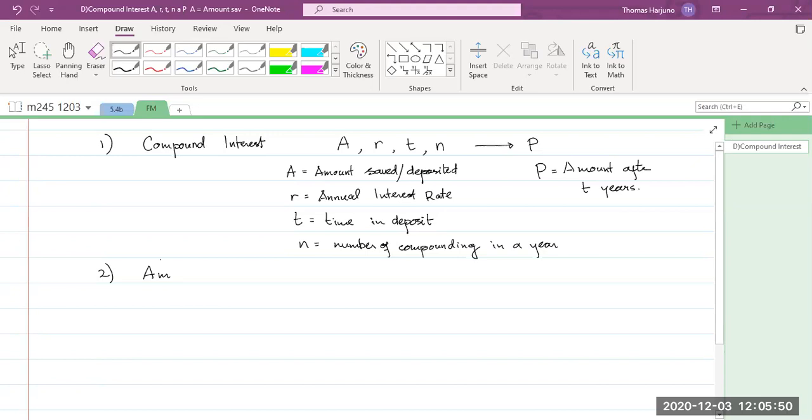Not amortization. Annuity. It has something to do with what we call sinking fund. Closely related. And then after that, then we can go into installmenting.